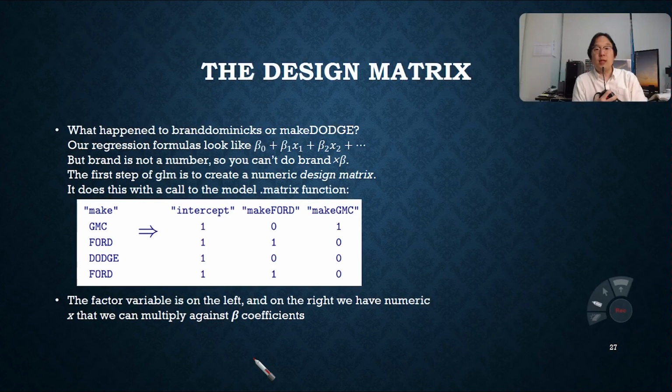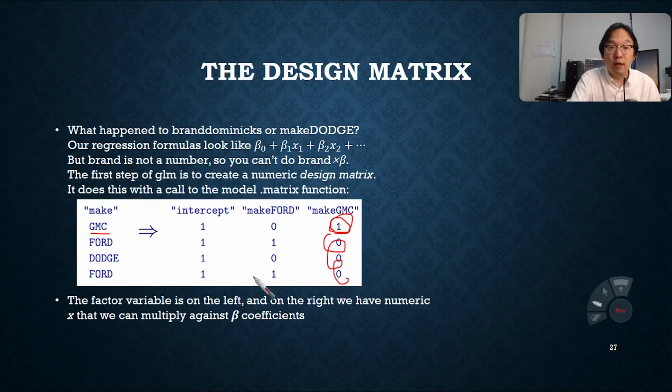Okay, so that GMC dummy variable will be 1 for the first observation over here because it is a GMC maker, and then for the second observation, the GMC dummy variable will be 0 0 0, right? Because they are Ford, Dodge, and Ford.